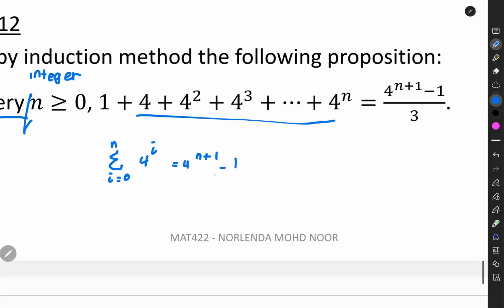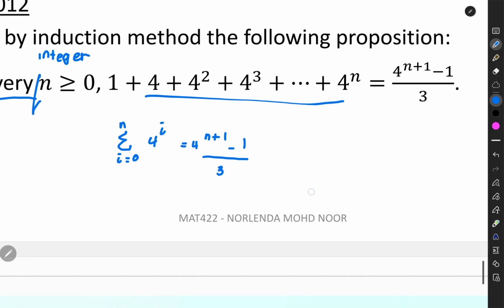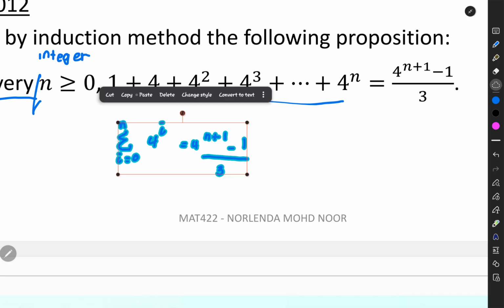Okay, that is your P of n. Okay, the summations of 4 to the I from 0 to n is equal to 4 to the n plus 1 minus 1 over 3. Okay, let's try.